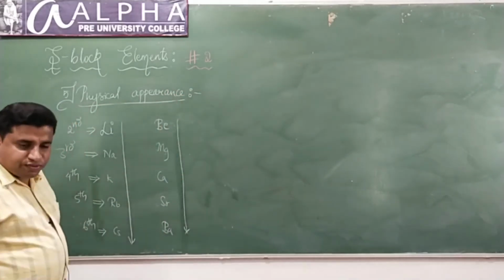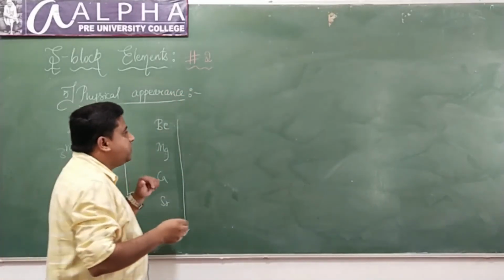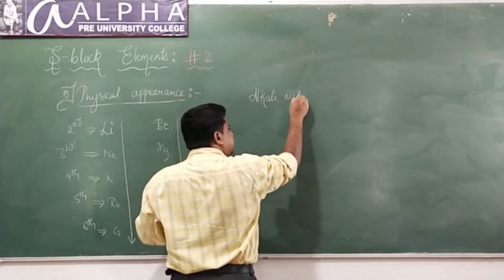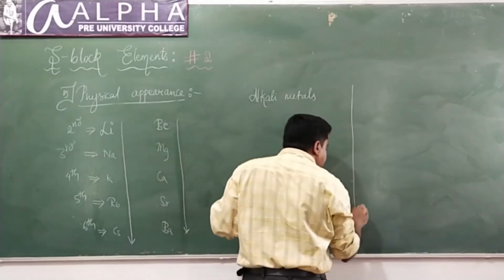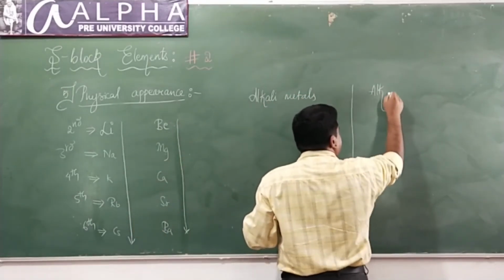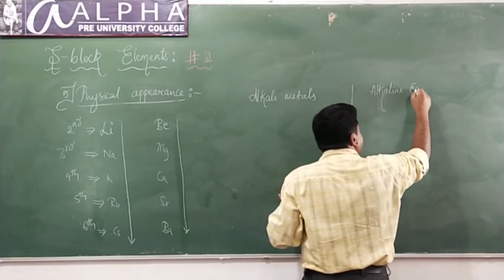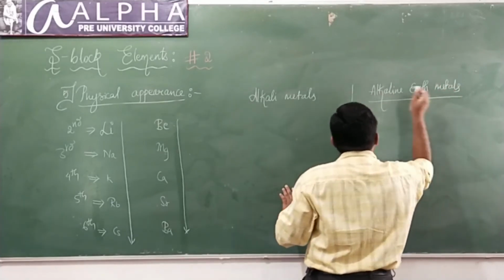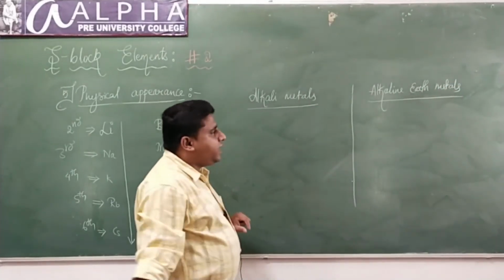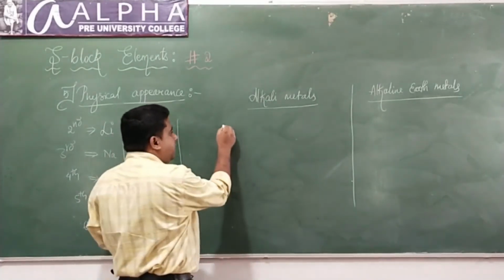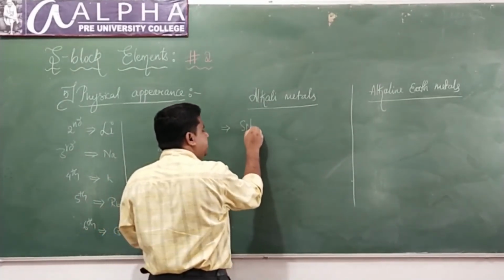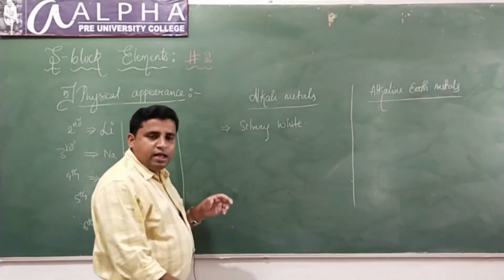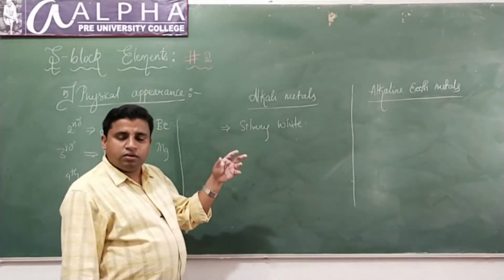Now, if I talk about the physical appearance, observe here: alkali metals and alkaline earth metals. Alkali metals are silvery white metals, with a bright appearance on their surface.